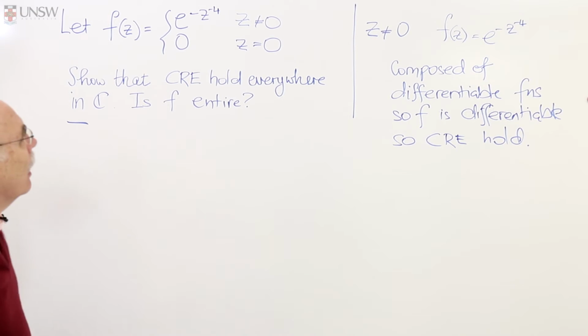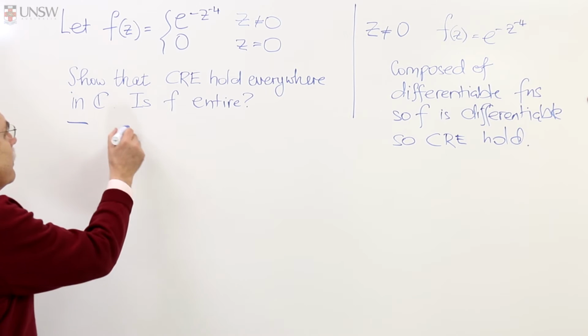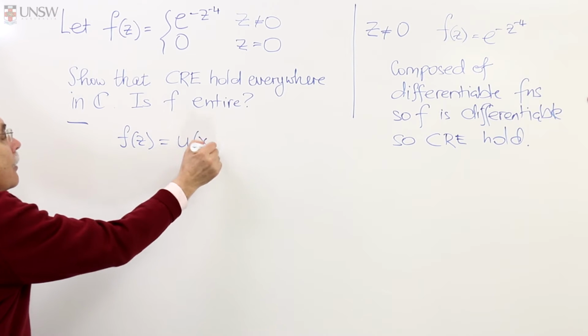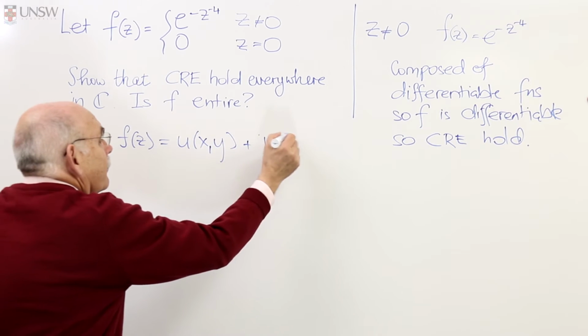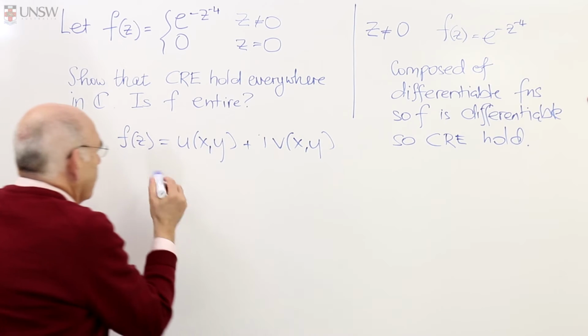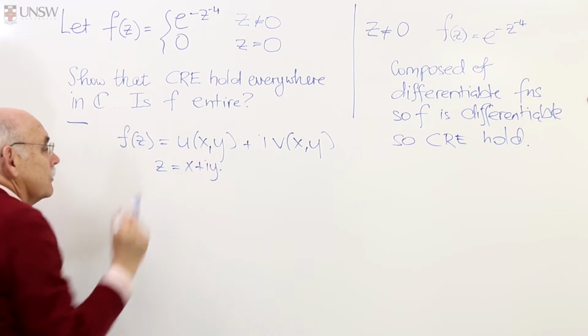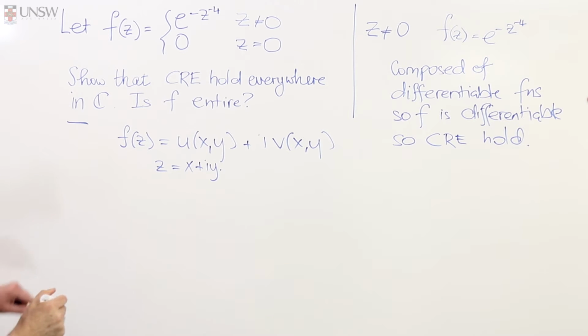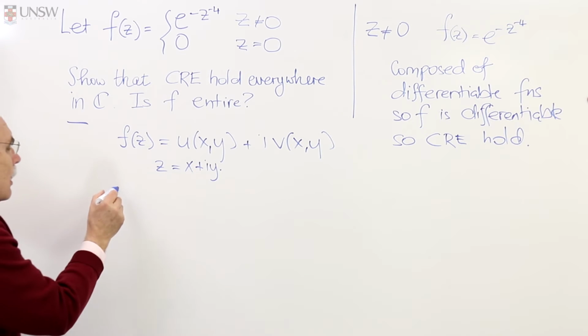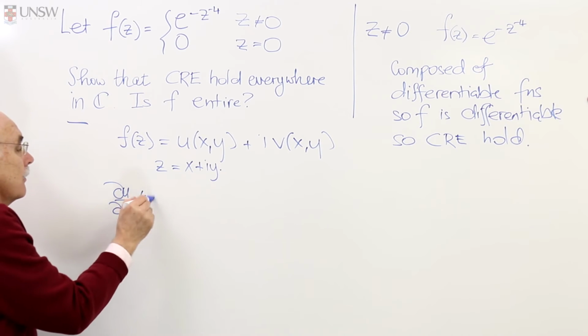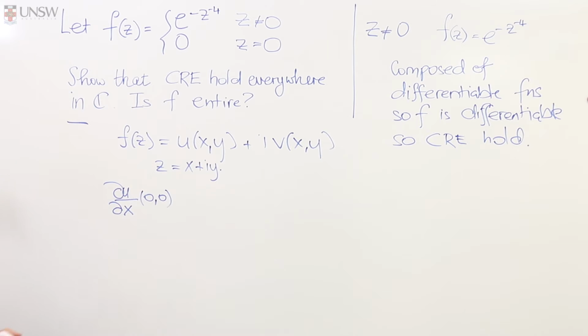So, let's imagine that we write, as usual, f of z is equal to u of x,y plus i times v of x,y. That's when z is equal to x plus iy. And let's try and compute du by dx at 0,0, because we're trying to find out what happens when z is equal to 0, that's to say when x and y are both equal to 0.